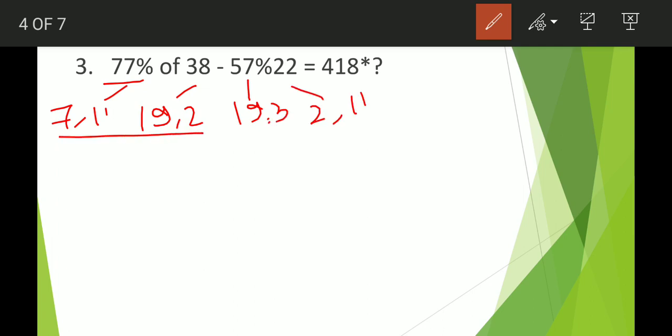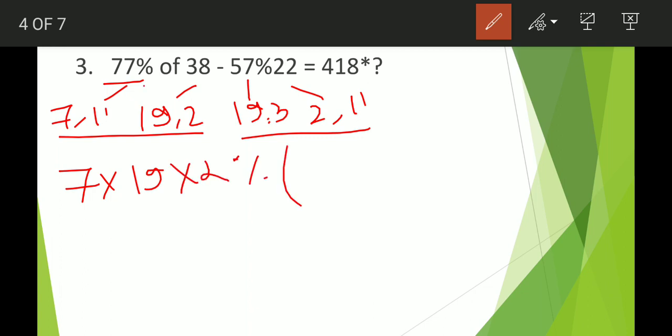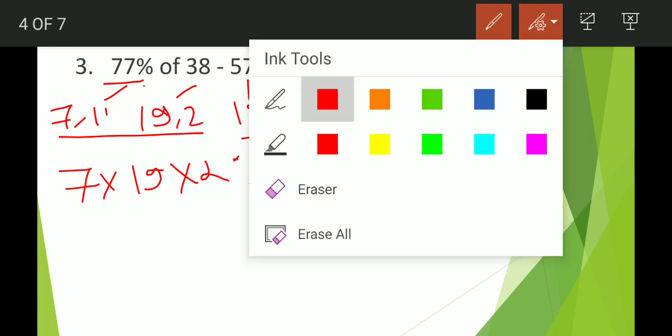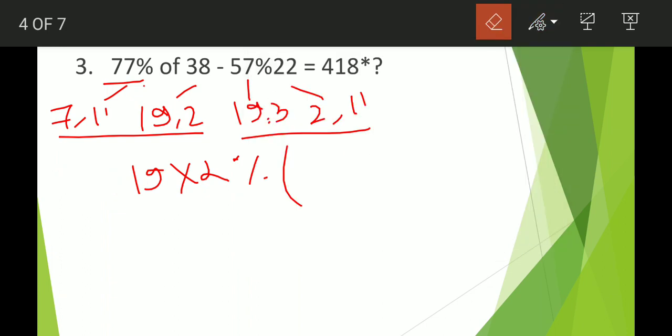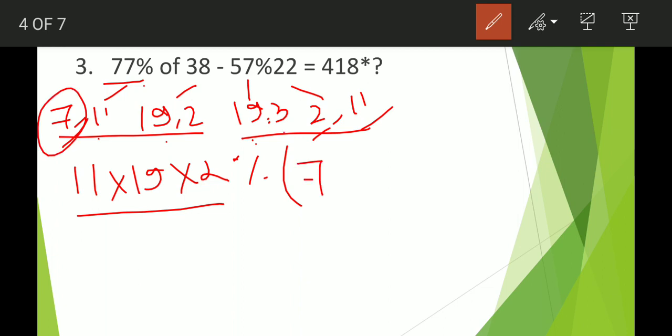Now if we observe this properly, we can see that we can take 11 into 19 into 2 percentage as common. From the first term we are left with 7, and from the second term we are left with 3, which is equal to 418 into this question mark.